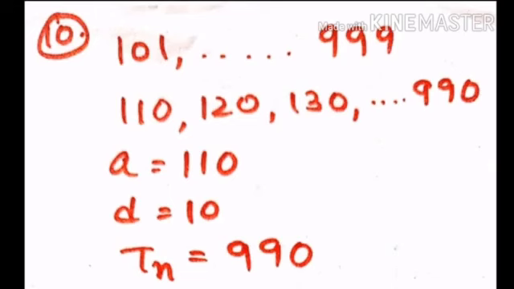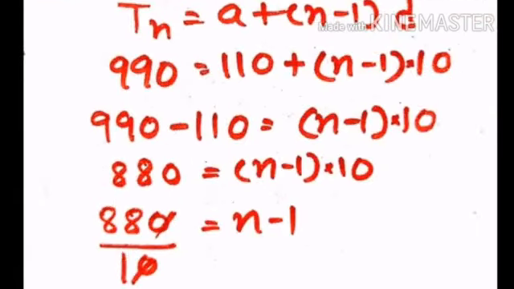So sometimes in the question they will give it like this. Okay, the question is kind of different. Now using the Tn formula, A plus n minus 1 into D, I substitute the value of Tn: 990 is equal to A, which is 110, plus n minus 1 into 10, because we want to find the n value, that is, how many terms are there in this AP.